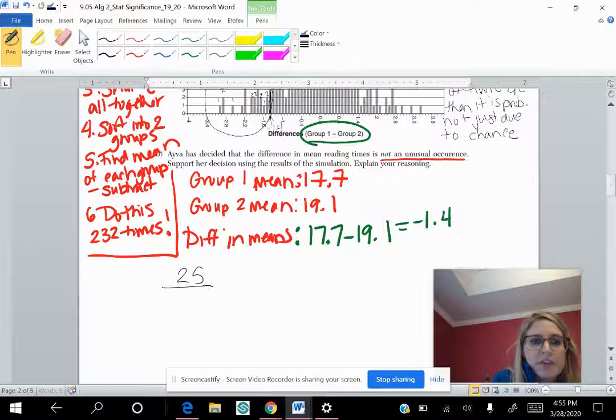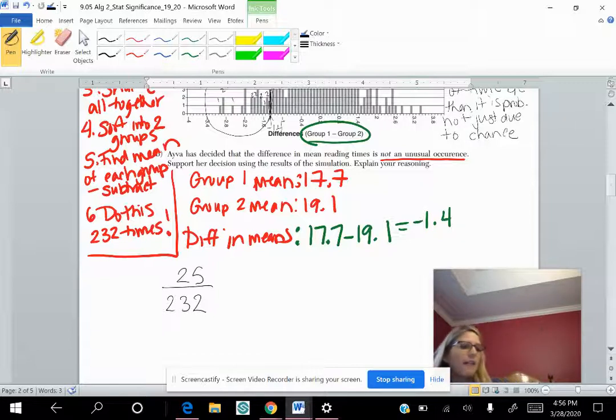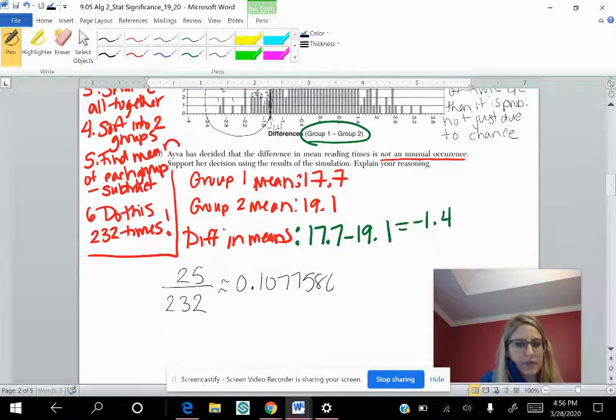So 25 times out of the 232 times that we simulated it. You can put that right into your calculator, and it gives us 0.1077.